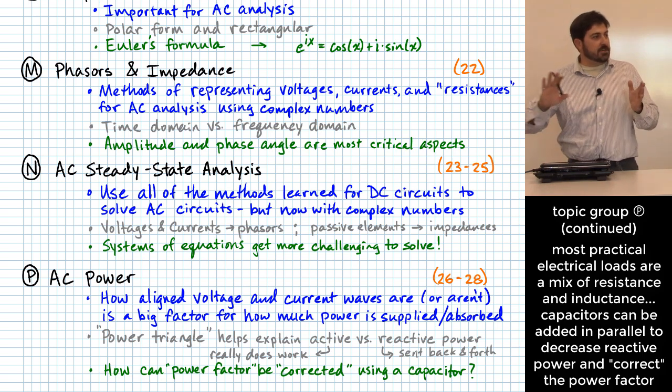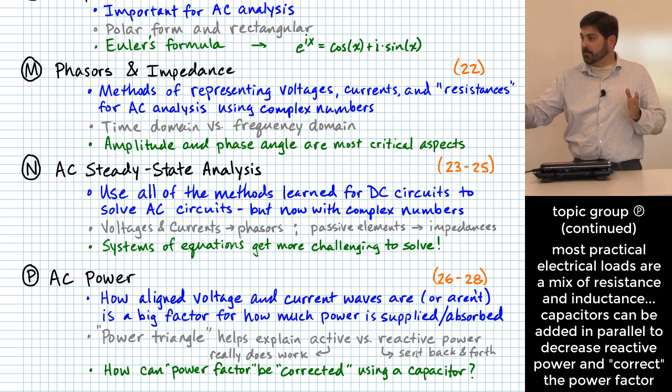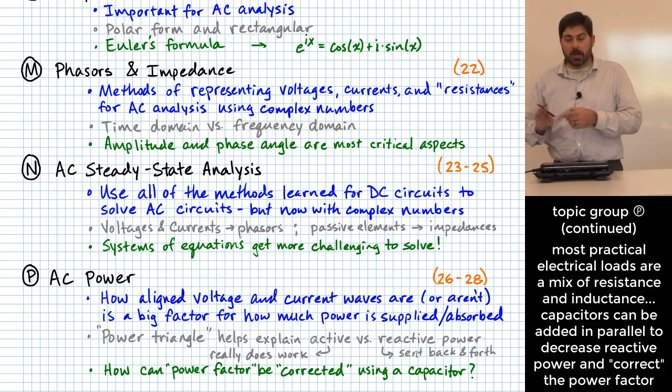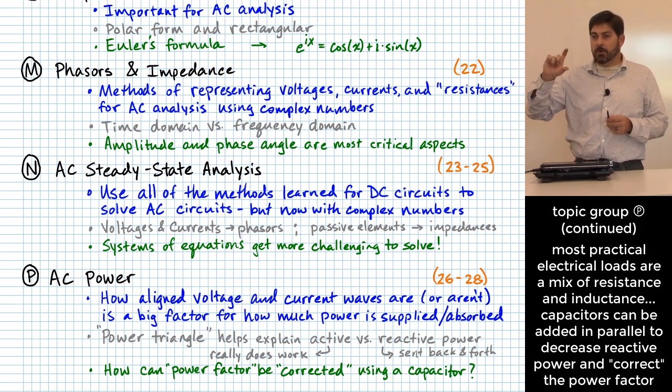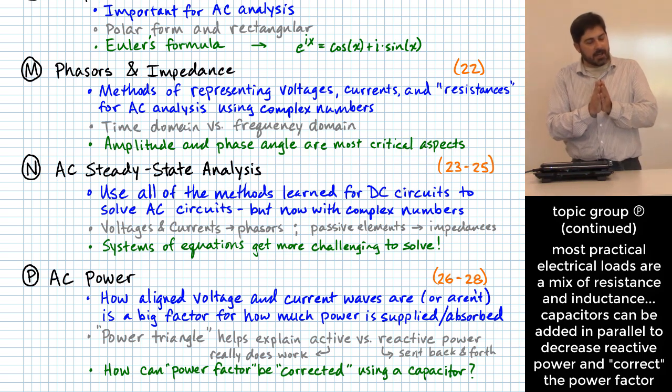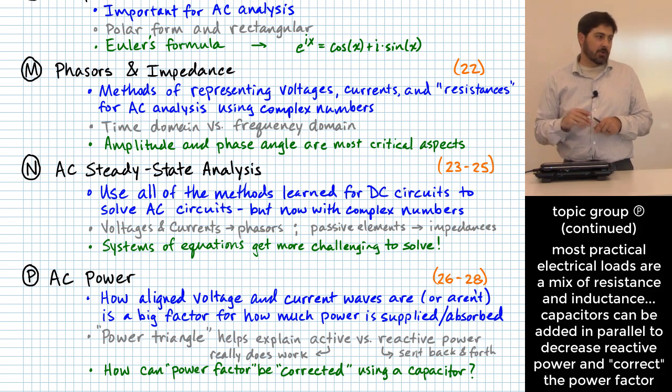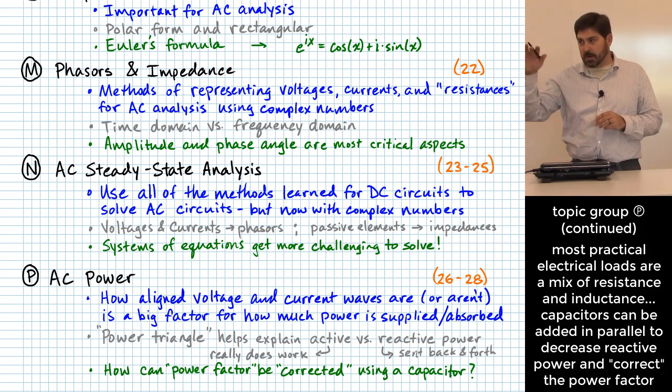There's usually an inductive profile to the different kinds of energy sinks that are accepting the energy. If you want to turn those more into just active power and less reactive power, it is typically possible to put a capacitor in parallel with that inductive load. It allows you to make it so that more of the power you're delivering is active power and you have less reactive power going on in the same circuit. And that's going to be our last topic that we cover, doing that power factor correction.